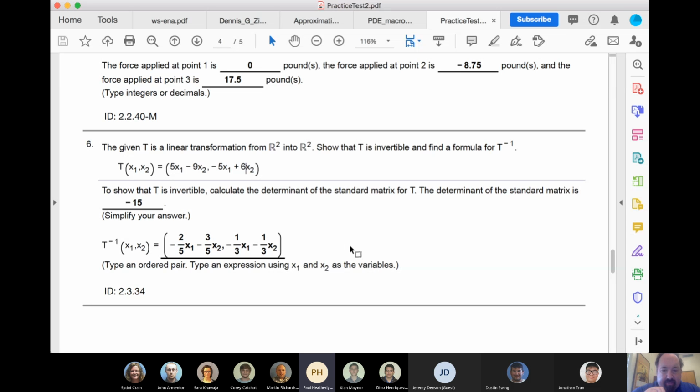Isn't there supposed to be a 2/3 on the last part? Wait, here? Yes. Okay, let's see.